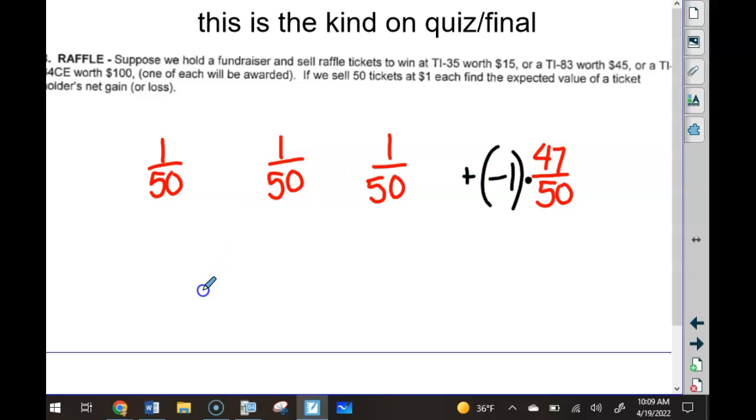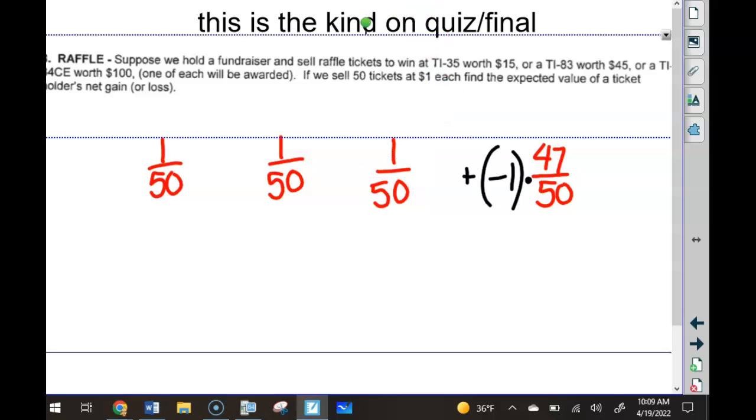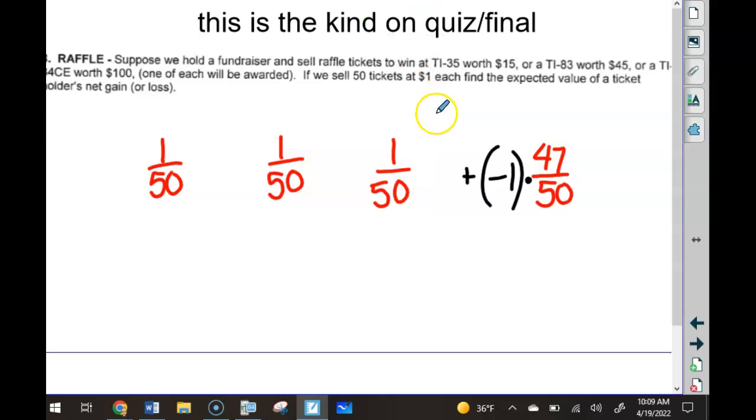But then you got to be careful. The guy who won the $15 calculator really didn't win $15 because he paid for the ticket, so he won $14 worth of prize.